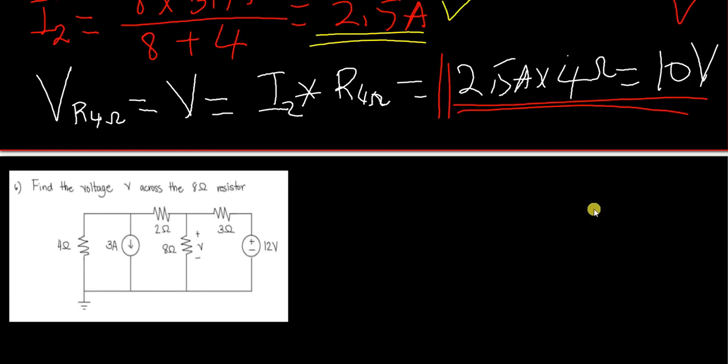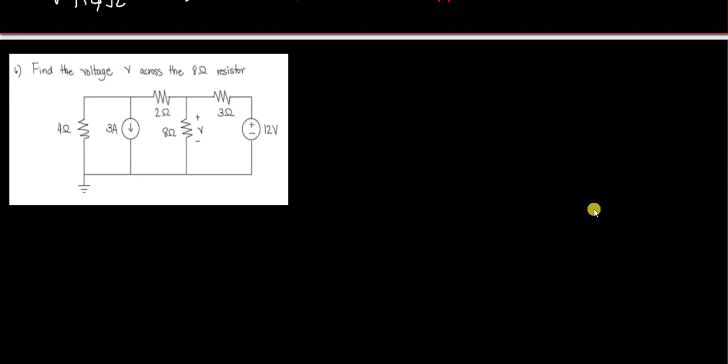Okay, let us move now to exercise number 6. Find the voltage V across the 8 ohms resistor. Here we discover that we have one Norton source and one Thévenin source. The purpose here is, first of all, to transform this Norton source into a Thévenin source and get V by applying Millman.